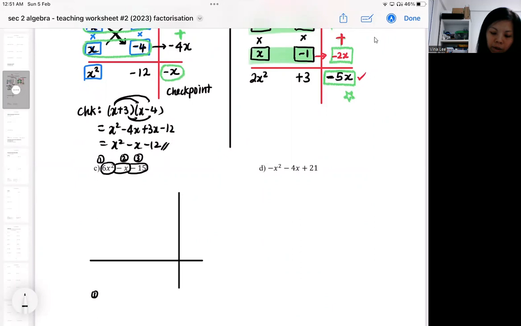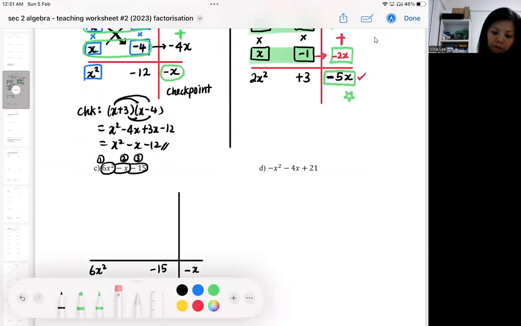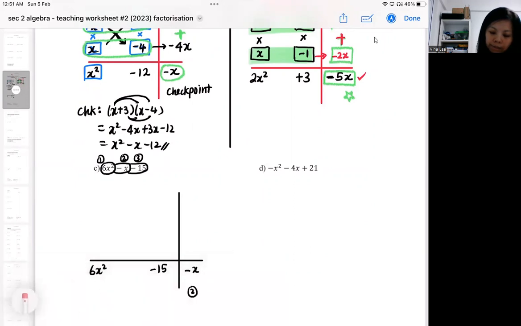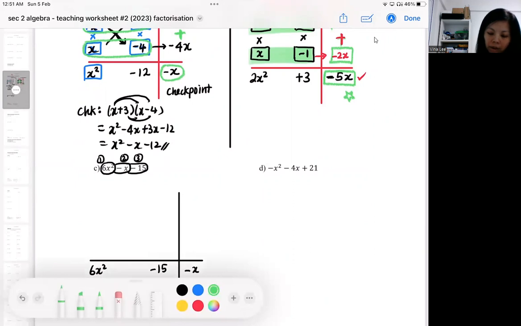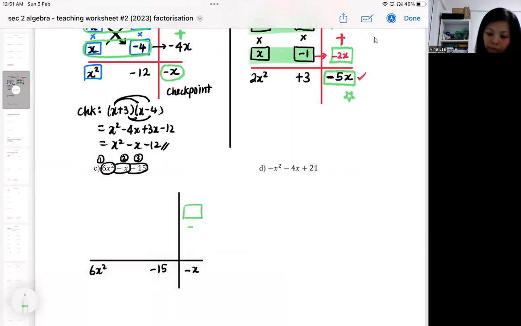But when you arrange them, you arrange into the 1, 3, 2. And don't forget, this is the adding zone. You are trying to see whether it adds up to this or not. So the adding zone is the checkpoint.